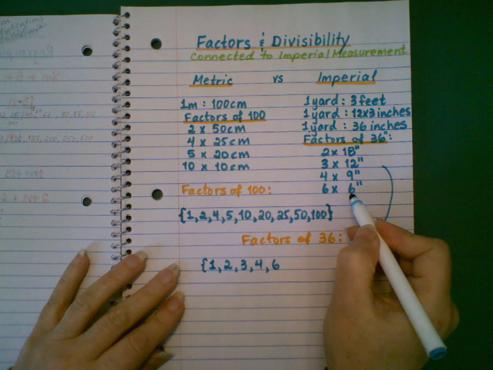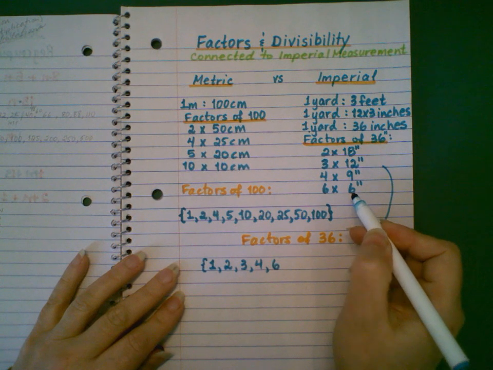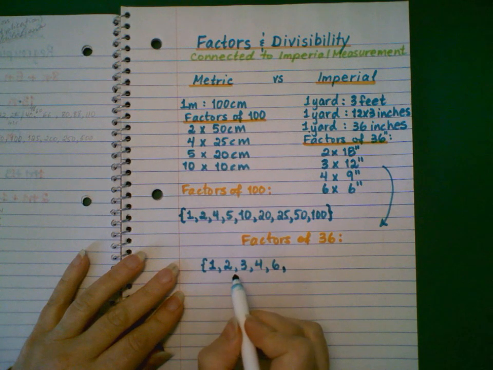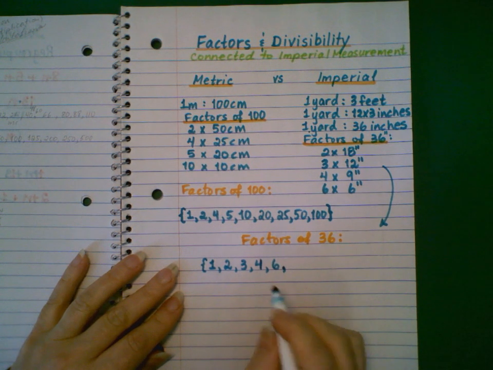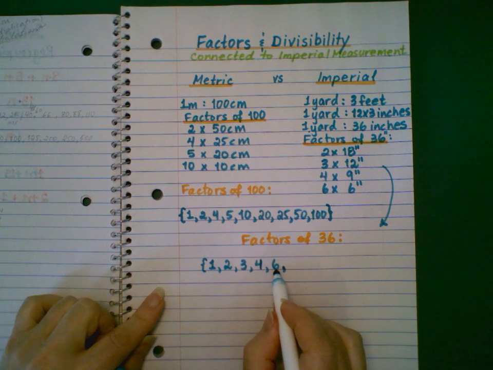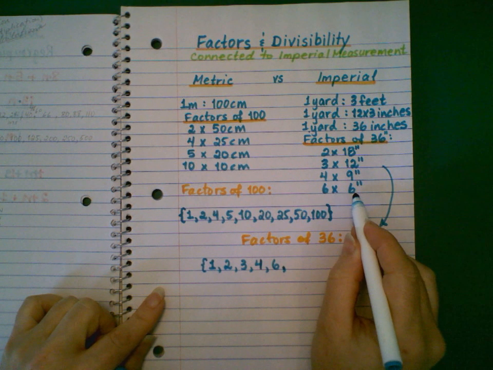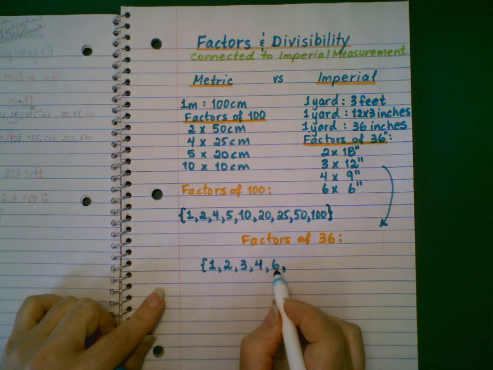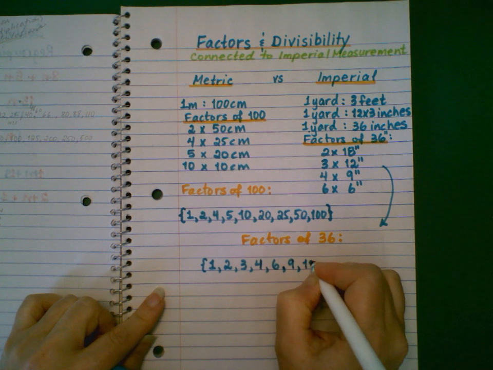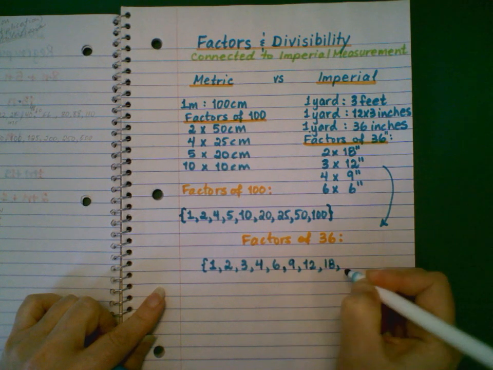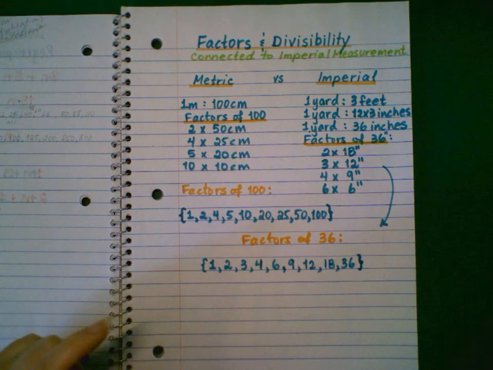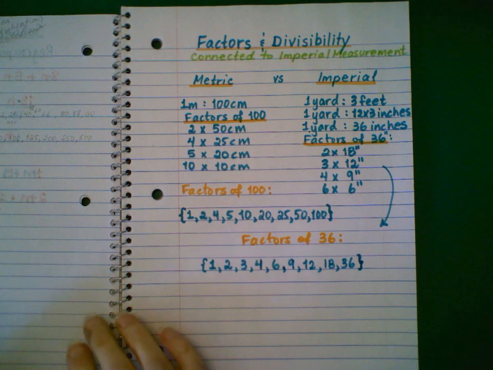The 6 is times itself to make 36, so I'm not going to repeat that value. I don't repeat values within a set or a list of numbers, unless it's a data set, and that's a different scenario altogether. So in factors, the factor 6 shows up twice, multiplied by itself, but I only list it once. All right, the 4 was 4 times 9, 3 times 12, 2 times 18, and the 1 times 36. So this is the complete list of factors of 36.